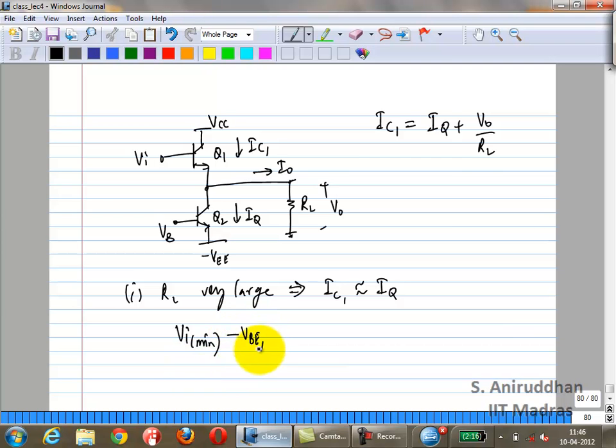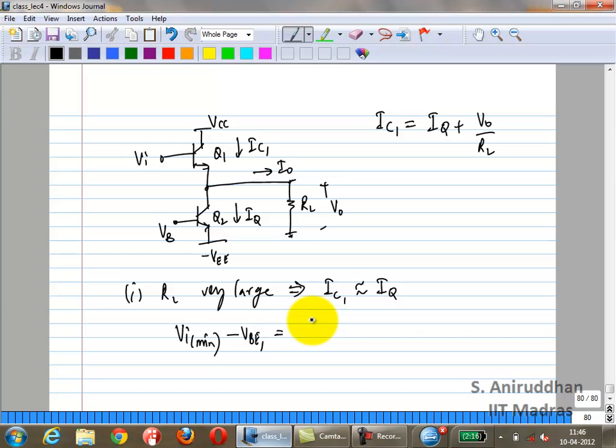Vi min minus VBE1. What happens if you keep decreasing Vi? In this case, what happens if you keep decreasing Vi? So since IC1 is always equal to IQ, Q1 is good to go, right? There are no problems with Q1, right?